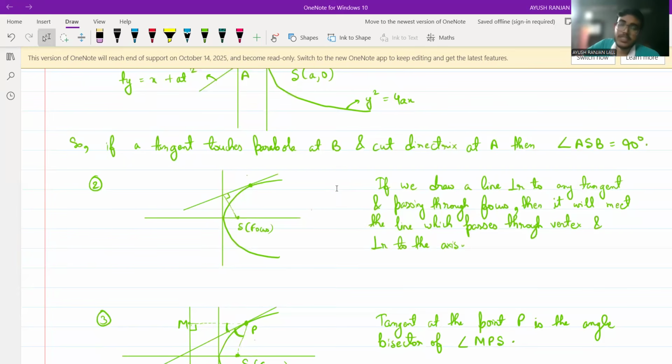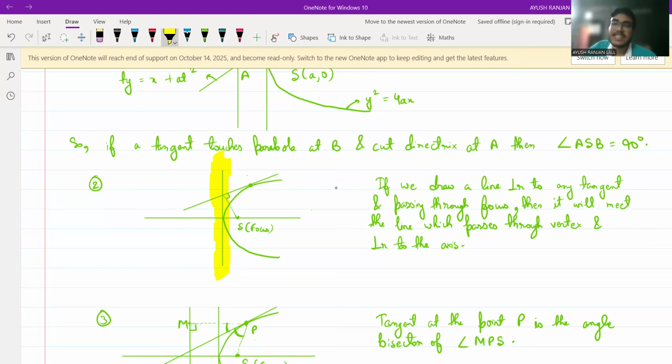Here you don't know what this line is called.